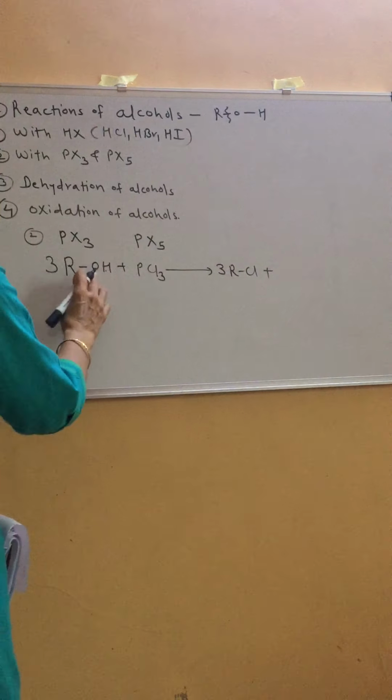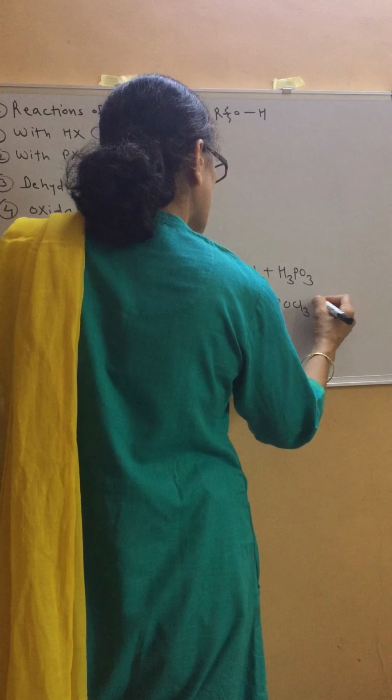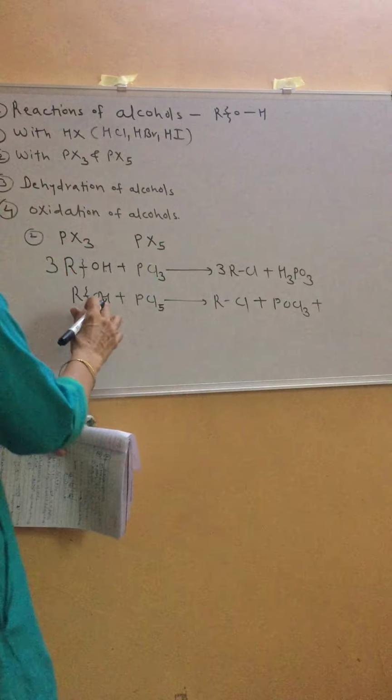Then with PX5, ROH plus PX5, what will we get? If we are taking PCl5, it will be RCl, again this bond is broken, plus POCl3, phosphorus oxychloride, plus HCl.